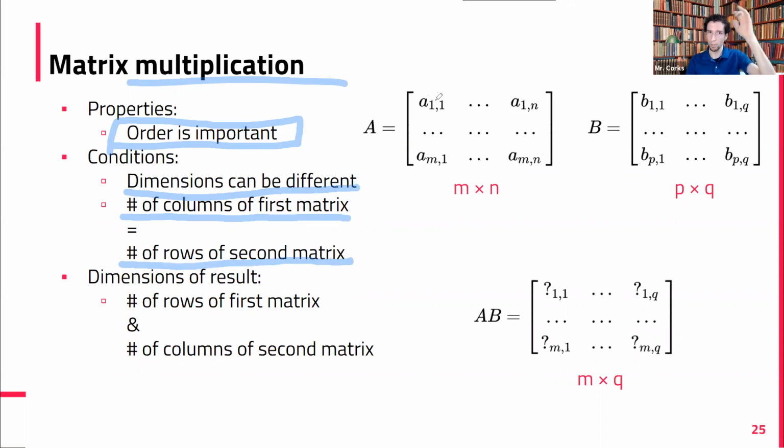If our first matrix is the one on the left, and the second matrix is the one on the top, we're drawing those arrows and seeing if we have matches. They should match up. If the number of columns of the first matrix and the rows of the second matrix are equal, then we can do matrix multiplication. If they are not equal, we can't do it, and we say it's an undefined operation.